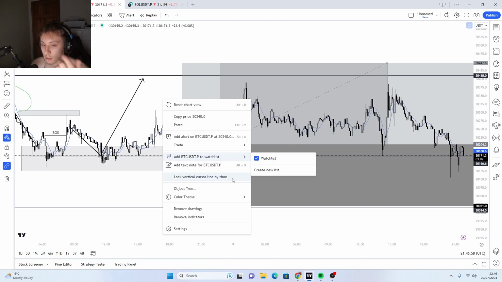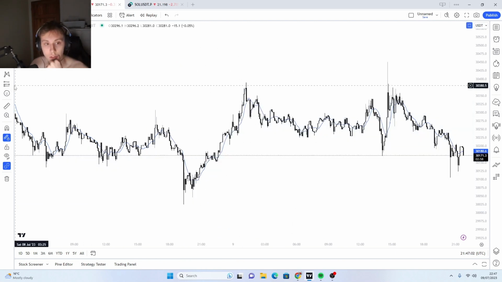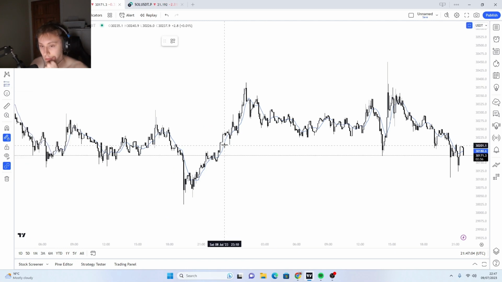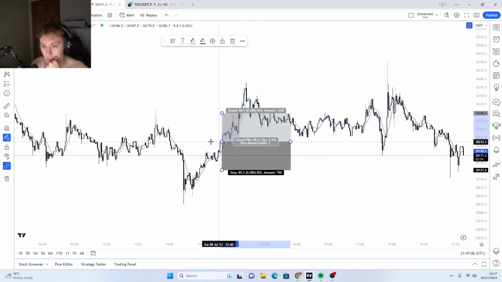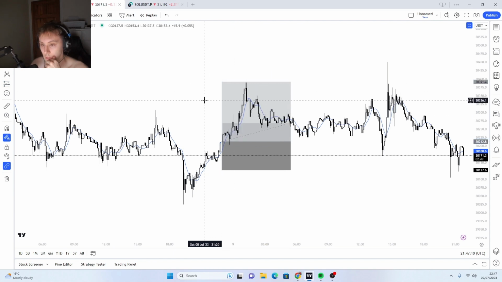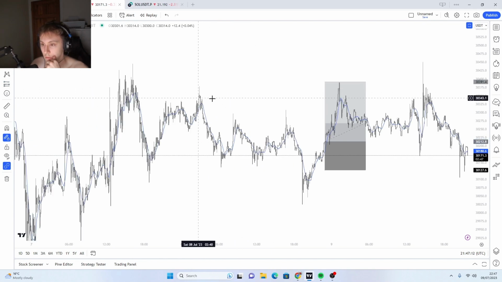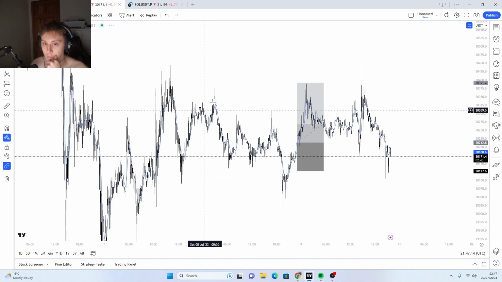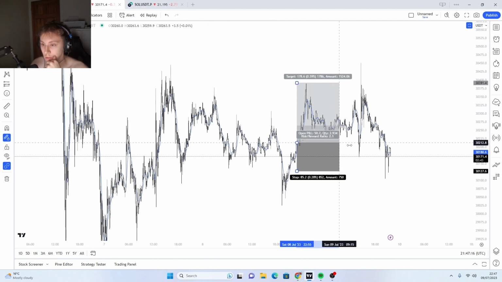I don't need any of this on my screen, so I'll remove everything and we'll add them in. So breaker structure was here. Target this area, previous area liquidity. Also more area liquidity.